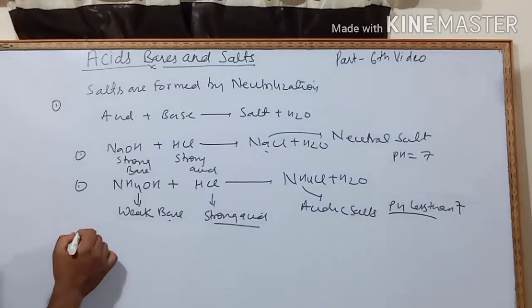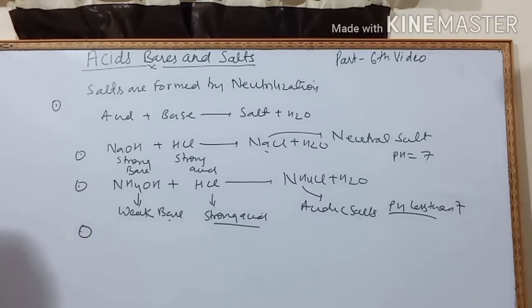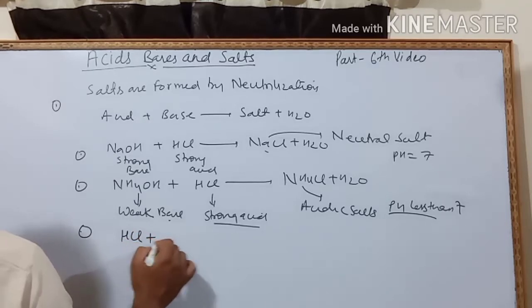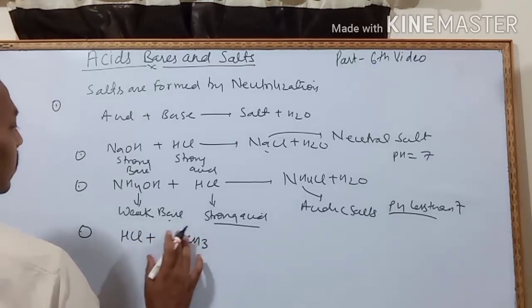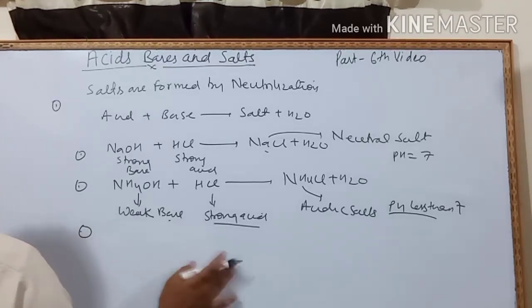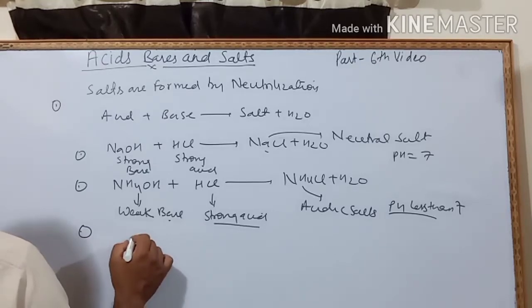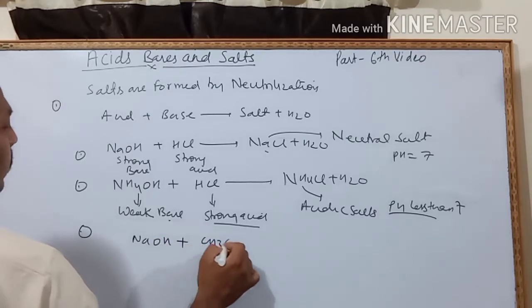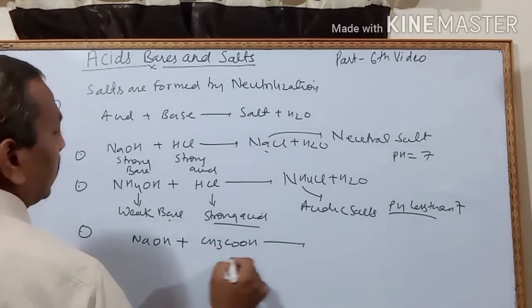Third, take a strong base and a weak acid: NaOH, a strong base, and acetic acid, which is weak.